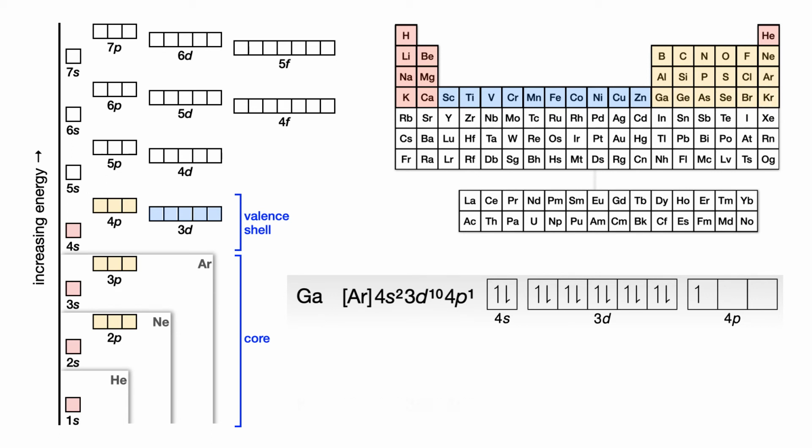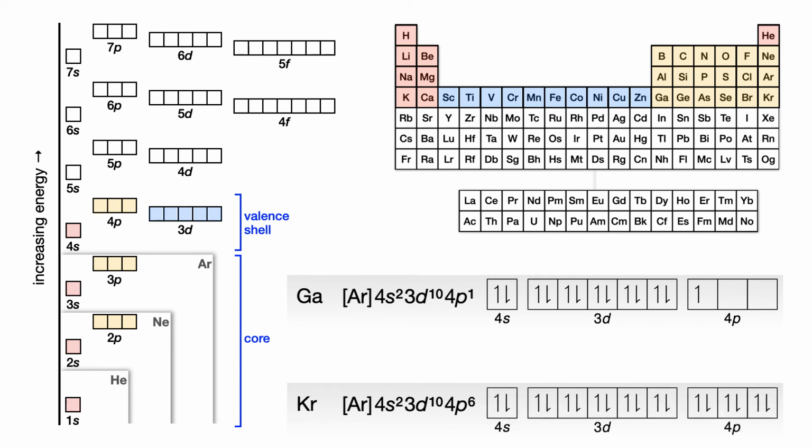So that krypton has a configuration of argon 4s2 3d10 4p6. And so krypton fills in the 4th energy level that's available to the atom.